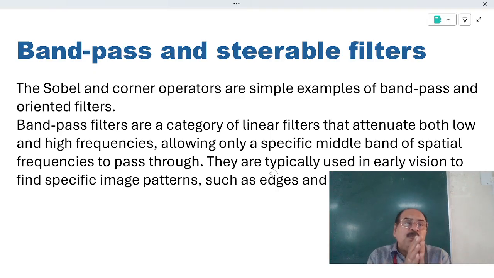Specific image patterns means edges and spots. So we have another type of linear filter called band pass filters, where both high frequencies and low frequencies are being attenuated, removed. Is that clear?